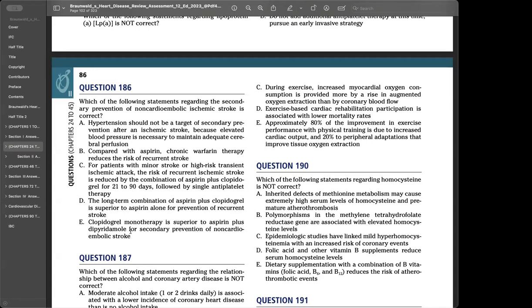Option D, folic acid and other vitamin B supplements reduce serum homocysteine levels. This is also true because folic acid plays a key part in the metabolism of methionine to form homocysteine.